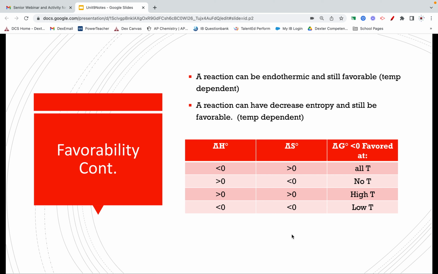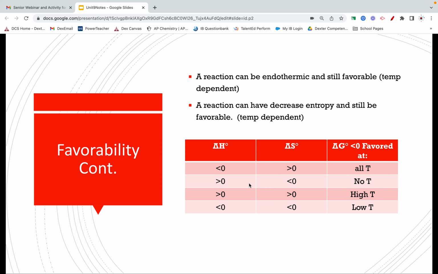If our enthalpy is endothermic, so greater than 0, and our entropy is decreasing, so less than 0, then it doesn't matter what the temperature is, we're never going to have a favorable reaction.